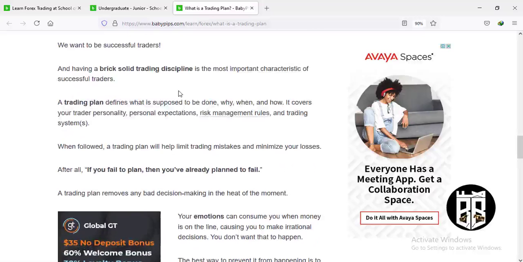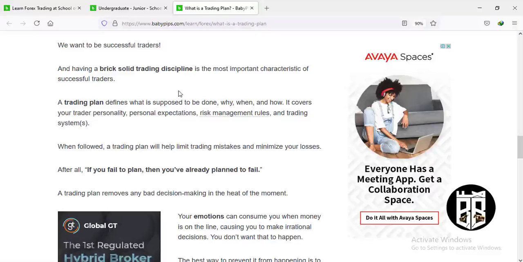So a trading plan defines a trader's personality, personal expectations, risk management rules, and trading system. Did you get that? A trading plan defines what is supposed to be done, why, when, and how.